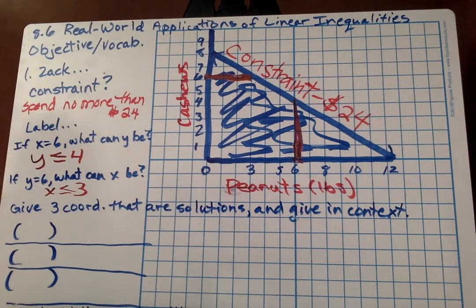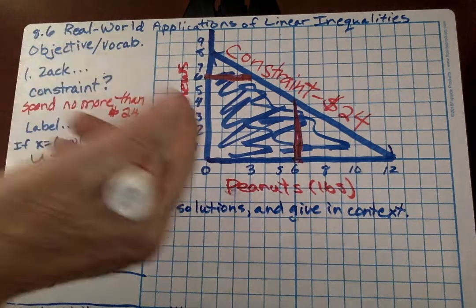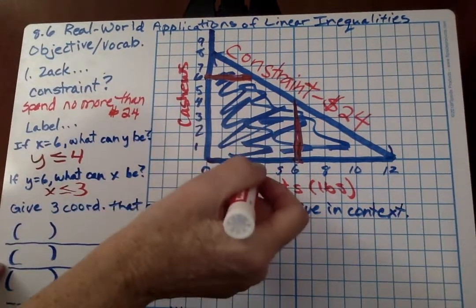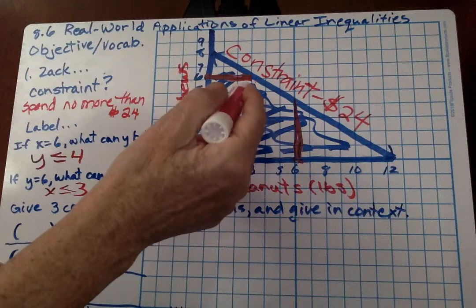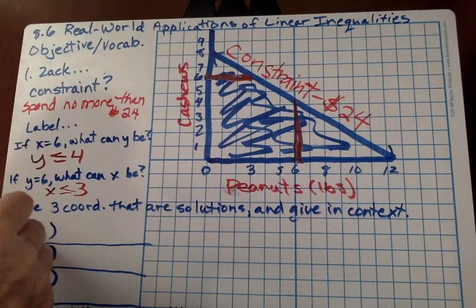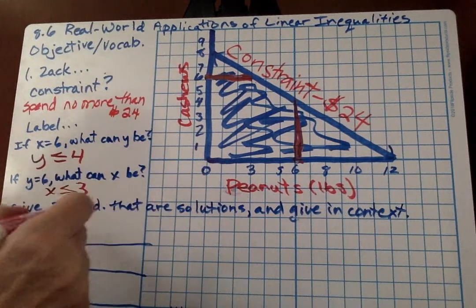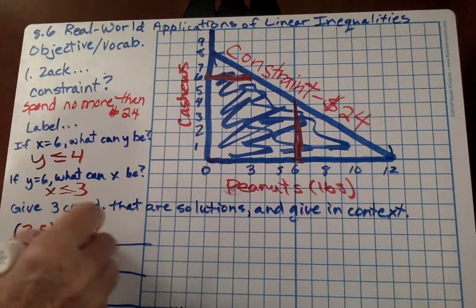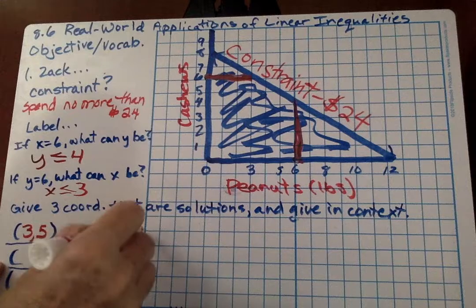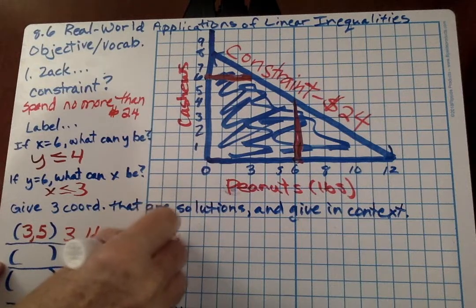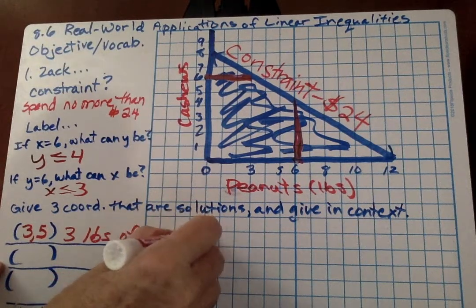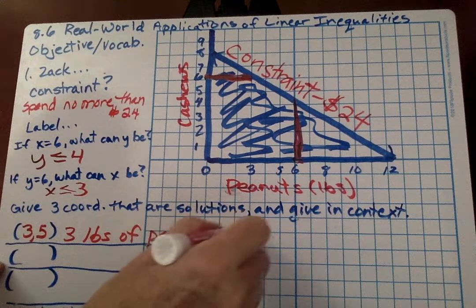Give 3 coordinates that are solutions and give in context. So we could pick anything here. We could pick like 3 pounds of peanuts and 5 pounds of cashews. So 3, 5. So I would put 3 pounds of peanuts and 5 pounds of cashews.